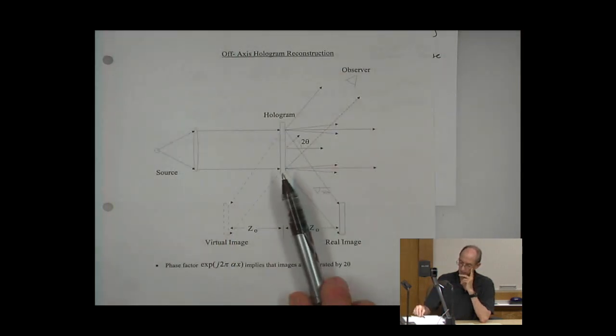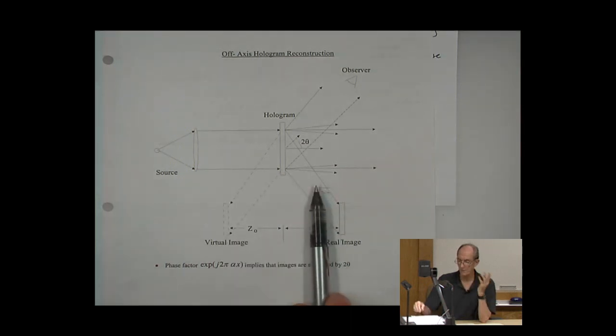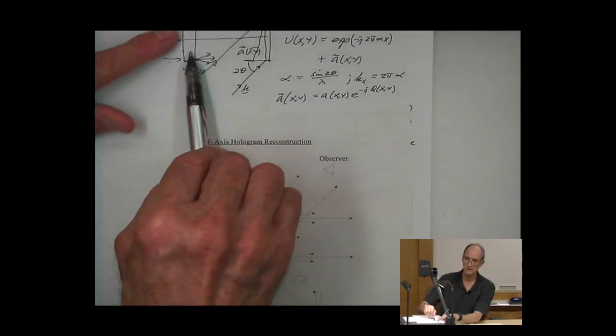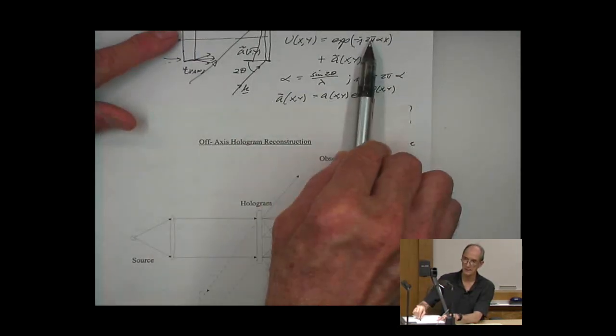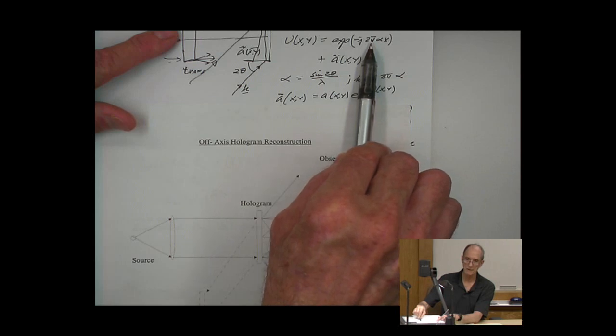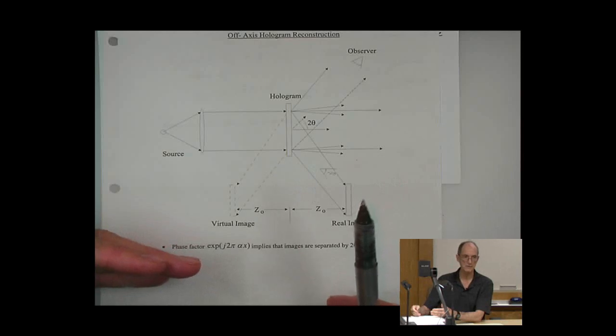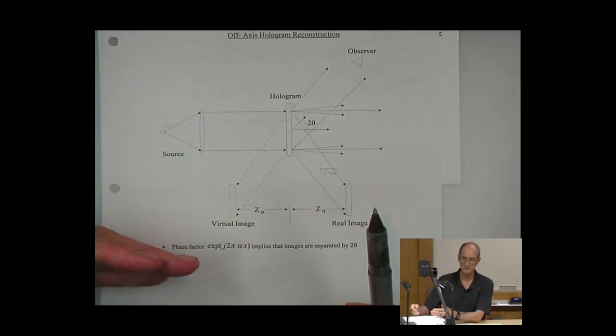And what that's going to do is shift the images off-axis. If we reconstructed it this way, we would reconstruct the image here, and then we'd have a virtual image in the back, right? But this way, we can move those off the axis to separate them visually.